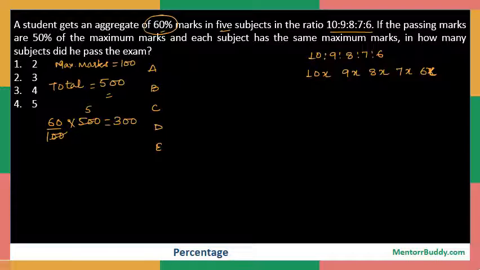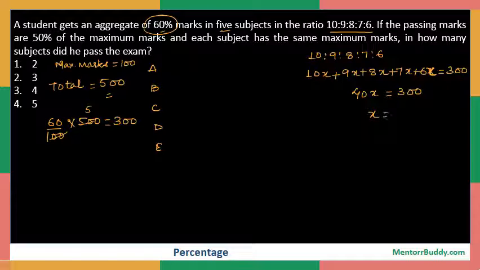So it is 10x, 9x, 8x, 7x and 6x, where the total of these marks we have already calculated is equal to 300. So if I do a total of this, 10x plus 9x is 19, plus 8 is 27, plus 7 is 34, plus 6 is 40. So we get 40x is equal to his obtained marks, and that is 300.